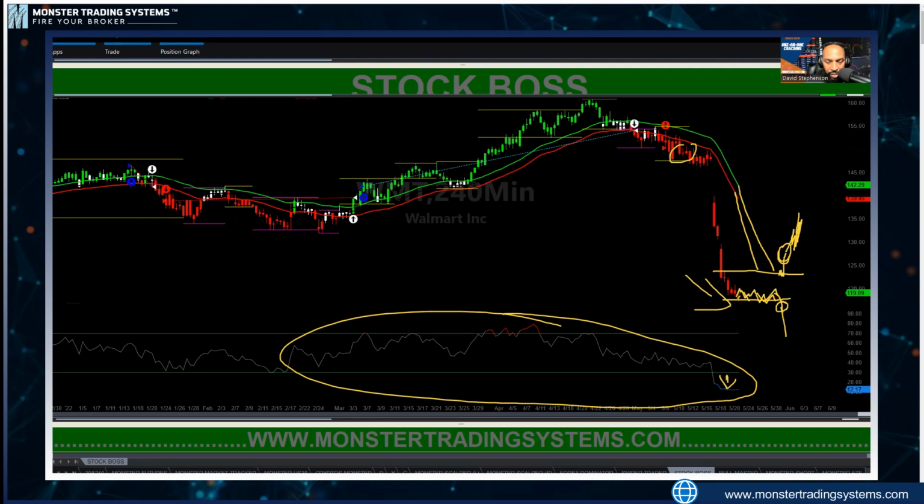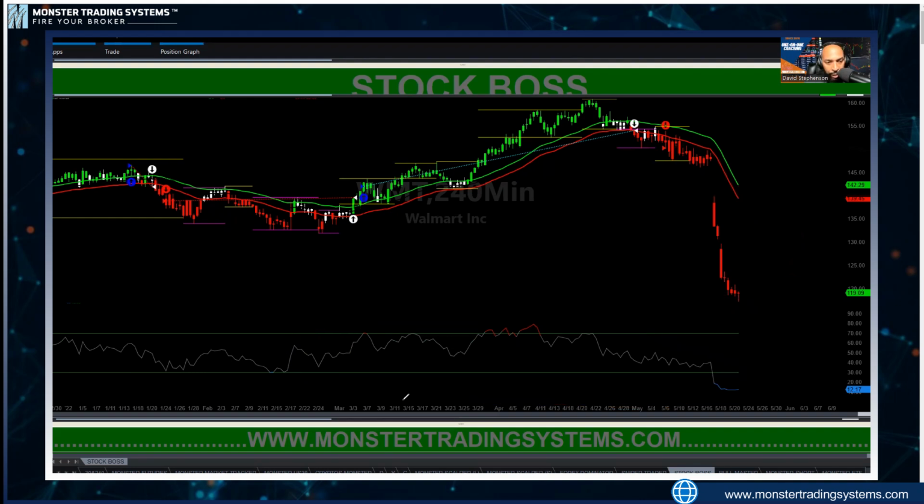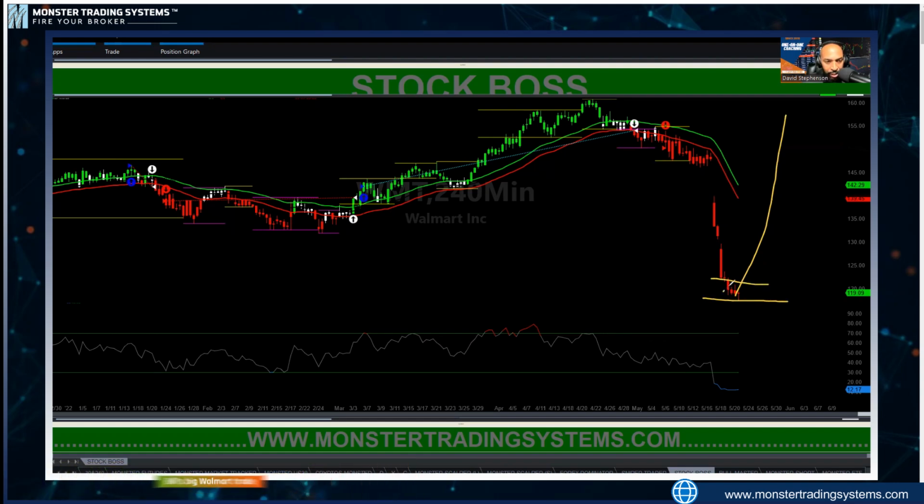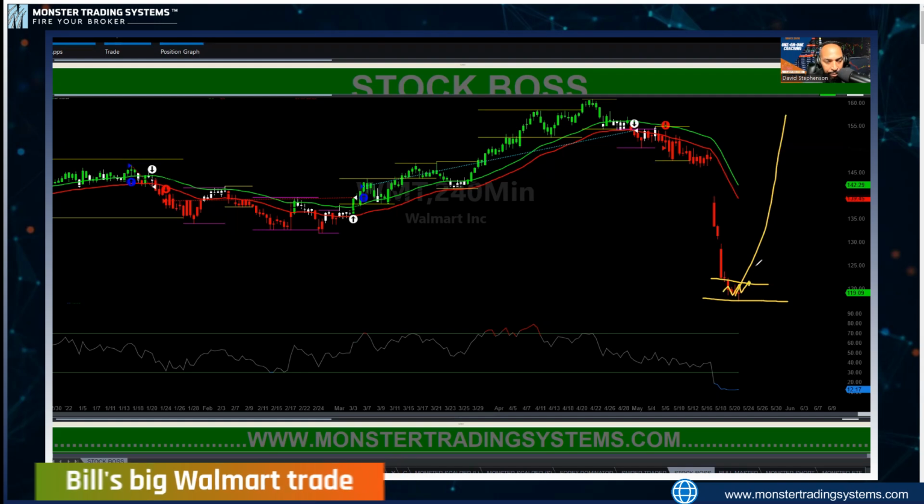You'll never see it go from here and do this, almost never. You will get new support and resistance. You will get some consolidation before it does this.